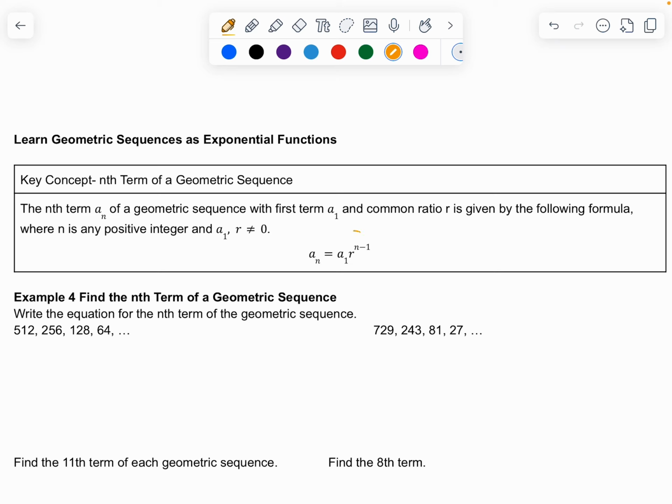And this is our formula. And sometimes you'll see it written as this, a sub 1. You may see it written like that, but it's the same exact thing.